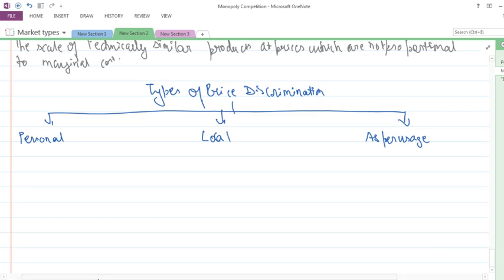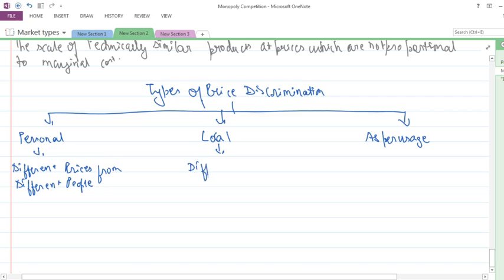So price discrimination is personal when the seller charges different prices from different people, or different buyers. On the other hand, price discrimination is local when the seller charges different prices for different localities.